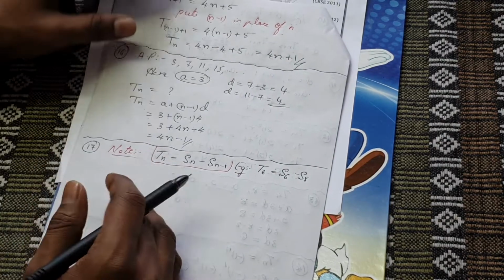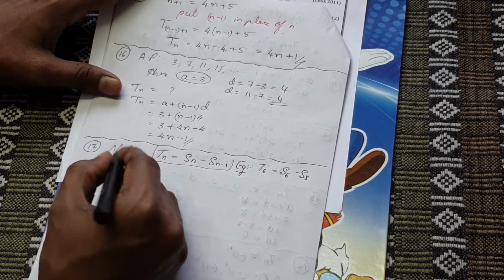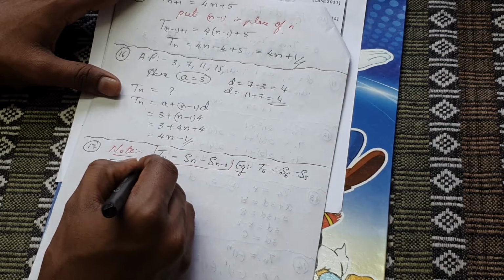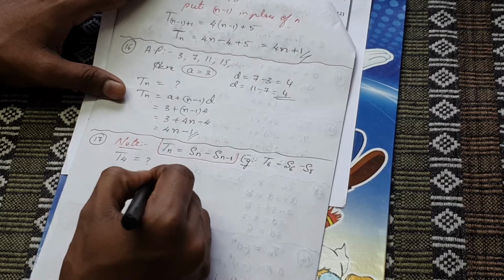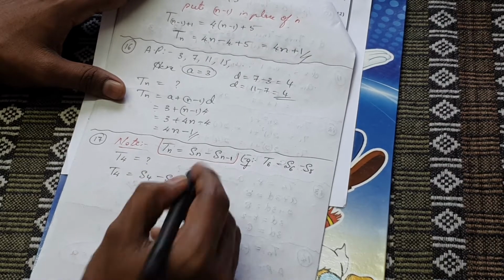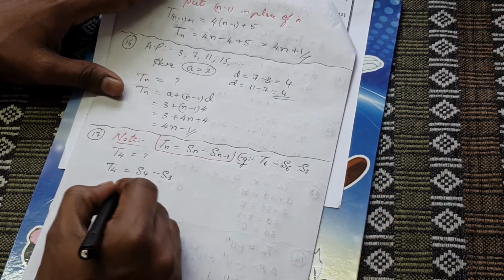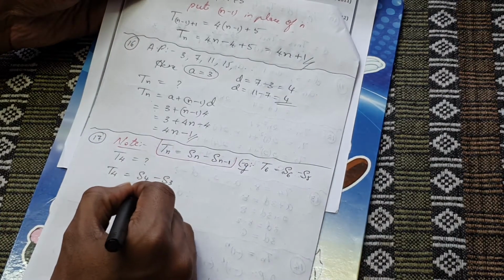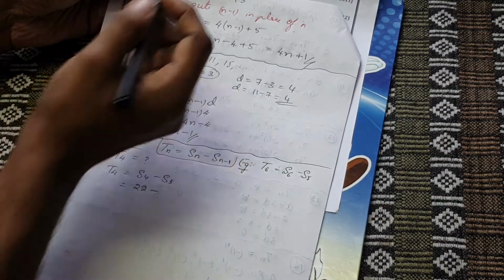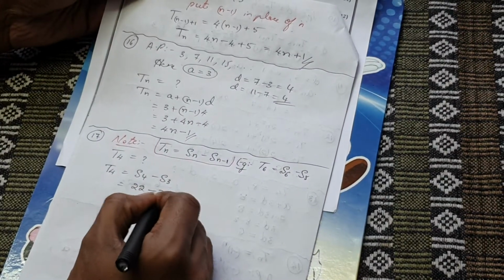So I'm going to use the same formula here. I want to find out T4. T4 is unknown, so T4 is nothing but S4 minus S3. He has given the value of S4 as 22 minus the value of S3, which is 35.